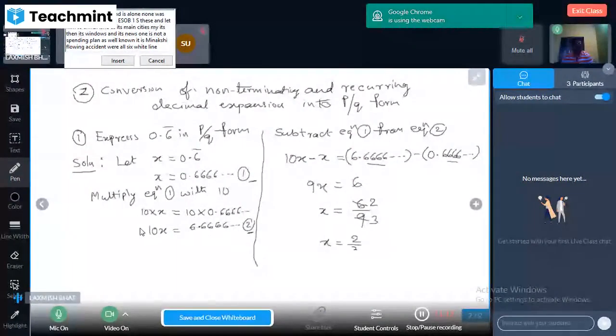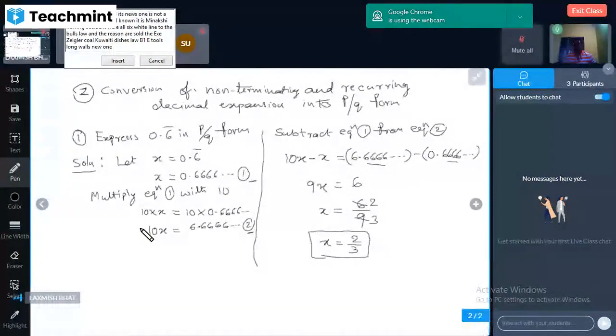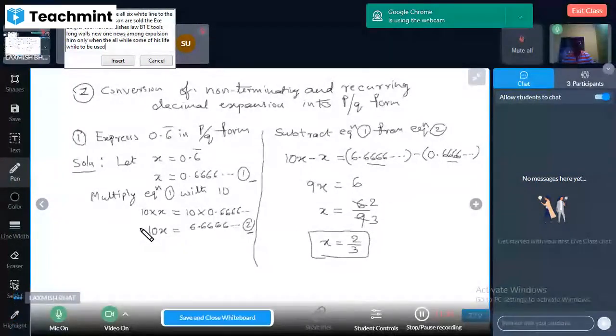This is the p by q form of the given decimal expansion. Here the given decimal expansion has only one repeating or recurring term, that is 6. So this is the method of expressing the given decimal expansion into its p by q form.